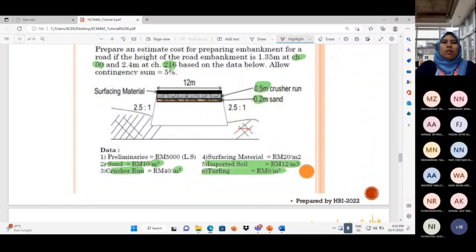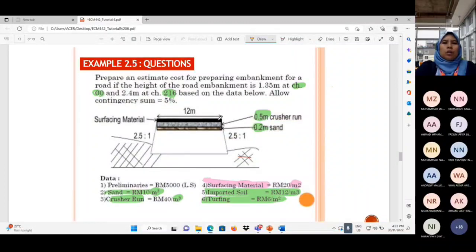However, kalau you tengok dekat sini, surfacing materials, area saja memadai. So tak ada masalah lah. Nak cari area untuk tiga-tiga jenis material ni is sama. You tahu length jalan you 216, lebar jalan you 12.